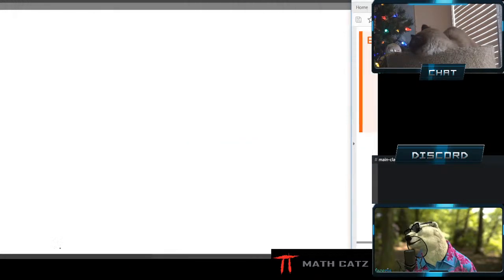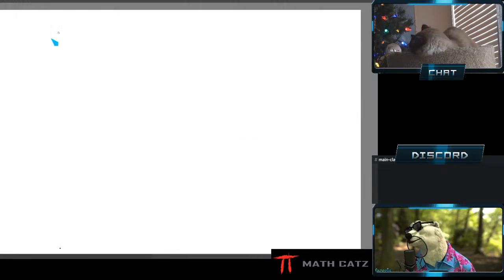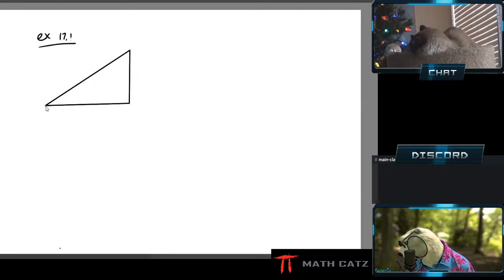So let me just copy this triangle over as we're doing exercise 17.1. That right angle triangle, sort of.